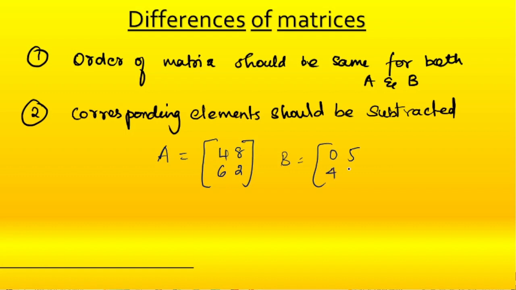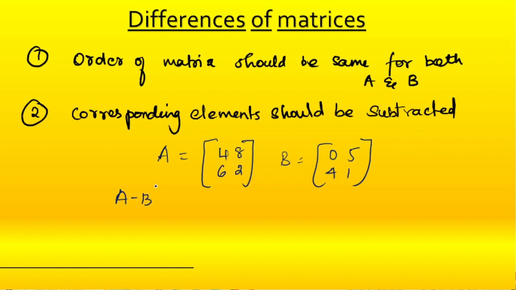So you have to subtract A minus B, and be very careful. When you just add, there is no problem, because in addition, if they give A plus B or B plus A, the answer is going to be the same, because first you consider the A element and next the B element.